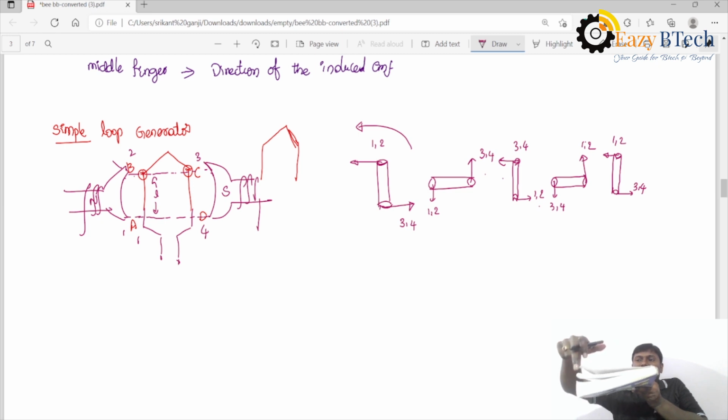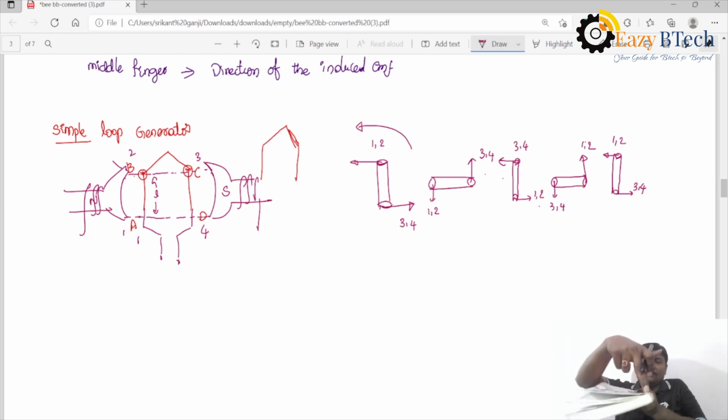What is the front view of this one? Tell me. 1 and 2 will coincide and 3 comma 4 will coincide, like this. So at 1 comma 2 what will happen? The tangential force will be anti-parallel at one and parallel at the other, so the induced EMF is 0. This is the first condition.